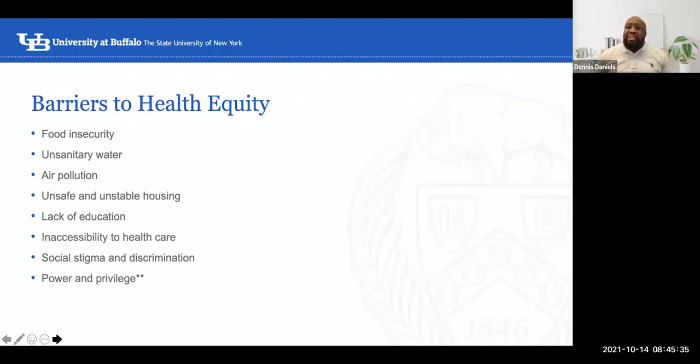Also, sanitation in one's physical environment, whether it be the quality of water that they have to drink or air pollution, certainly pollution and sanitation matters very much contribute to inequities that we see in our society. Unsafe and unstable housing, lack of education, inaccessibility to healthcare.